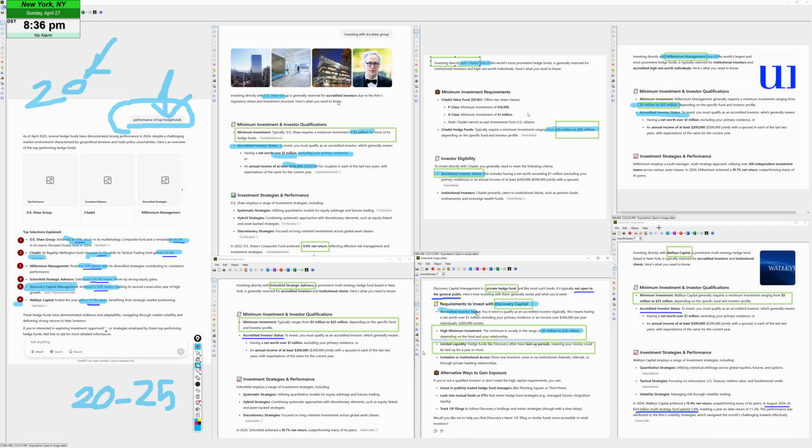Obviously, accredited investor, you have to be qualified. And look at this: it is a private hedge fund, not open to the public. So even if you had all the money in the world and wanted to get 52% for this particular year, you can't do it because it's a private hedge fund.